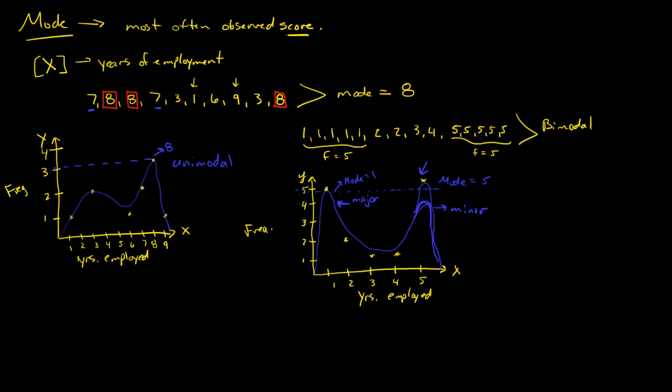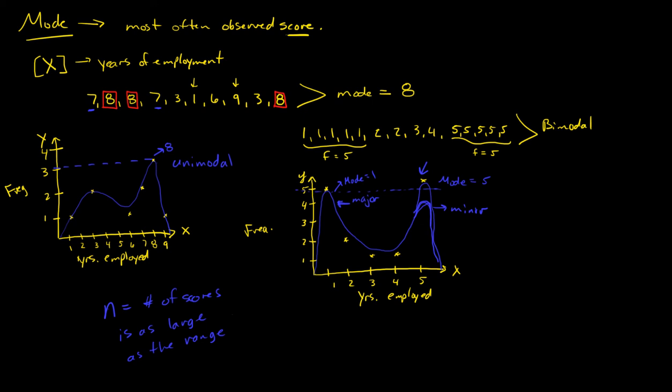And that is essentially the basics of mode, keeping in mind that the one thing we need to understand is that the real mode is often not clearly defined unless our n, which is the number of scores, is as large as the range.